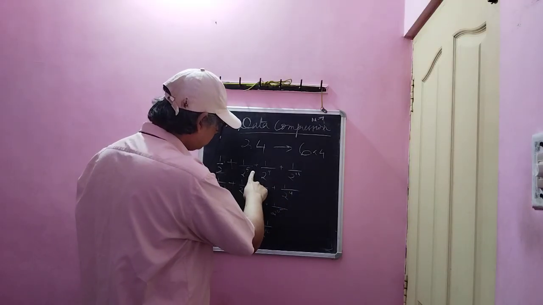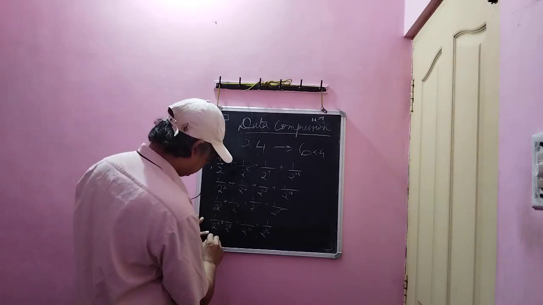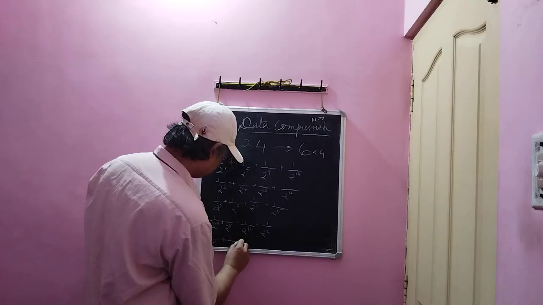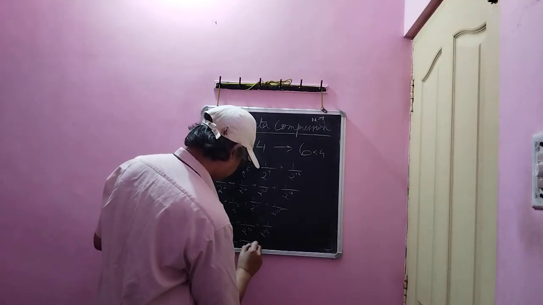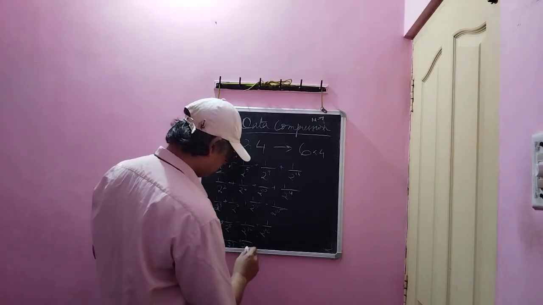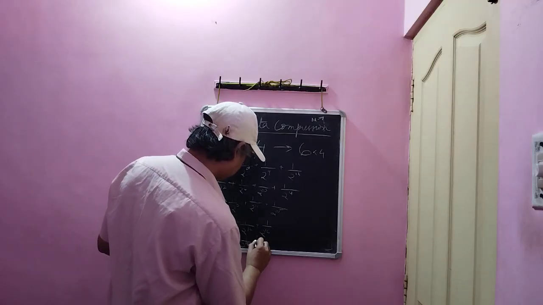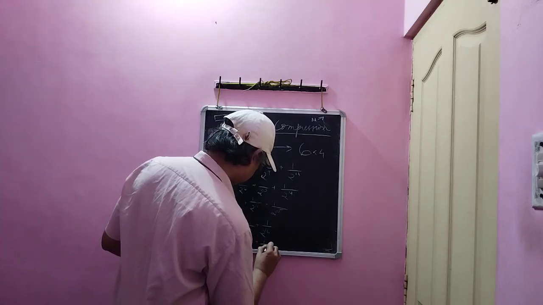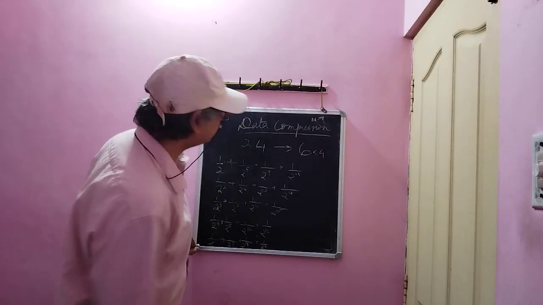So you should start off with this one, 1 by 2 power 5 plus 1 by 2 power 9 plus 1 by 2 power 13 plus 1 by 2 power 17.